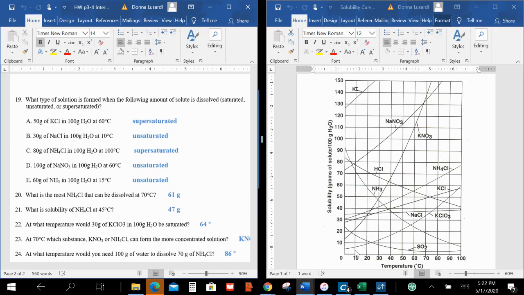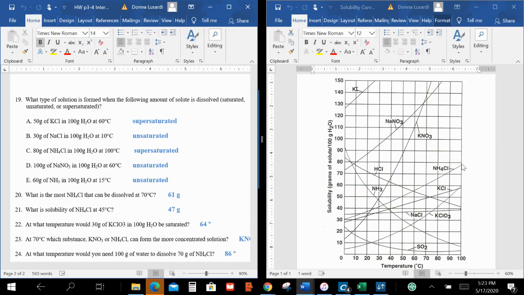Sodium chloride at 10 degrees, I should be able to dissolve about 35. I have only dissolved 30, so I have less than the maximum, so it is unsaturated. For ammonium chloride at 100 degrees, I should be able to dissolve about 78.